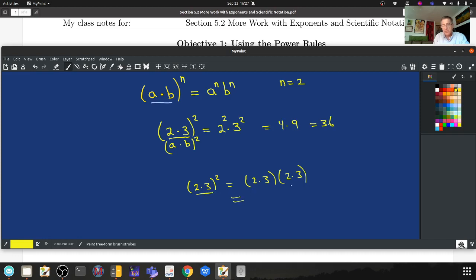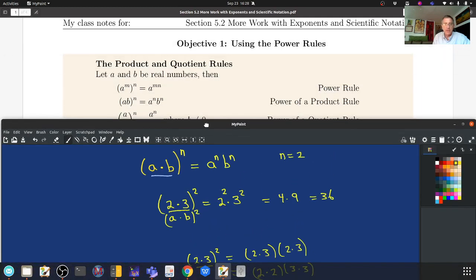So using the property of commutation of multiplication, that's the same as 2 times 2 times 3 times 3, just arranging factors. And then by definition of exponents, that's 2 squared times 3 squared. So that's the justification for the second.